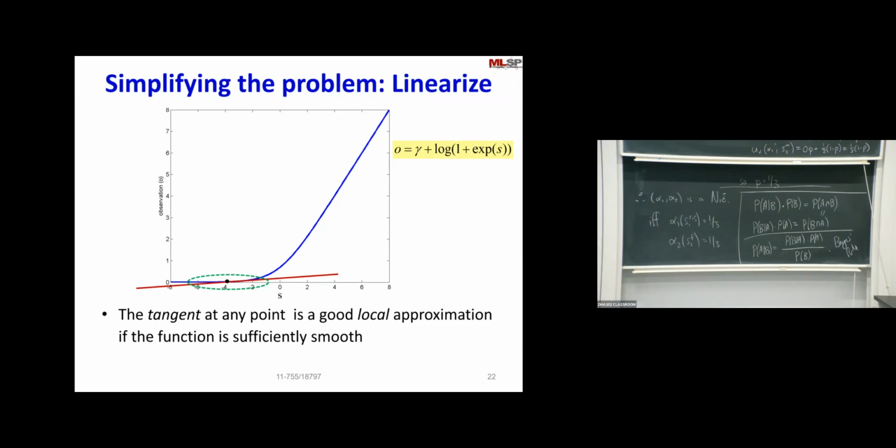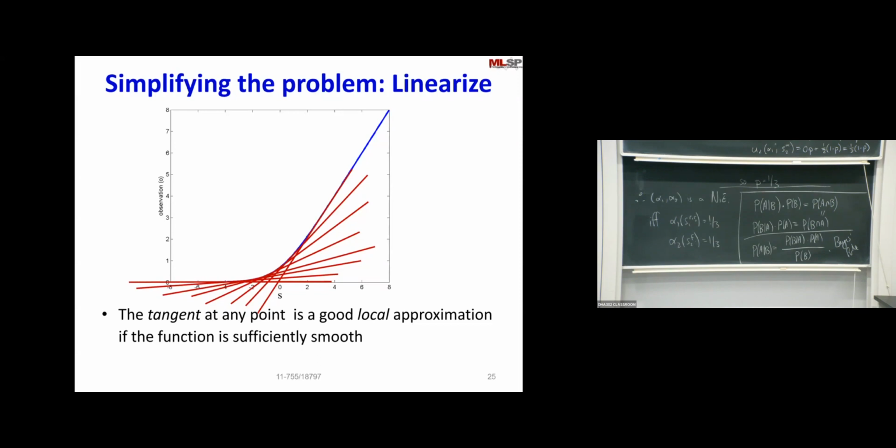At every point, the tangent is a good local approximation. What do I mean by a local approximation? Around the region where I made the linearization, around which I've linearized the function, the error between the blue curve and the red curve is very small. It's only when you go further away that the error becomes large, right? But then this is going to be true regardless of where I draw it. These are all the linearizations.